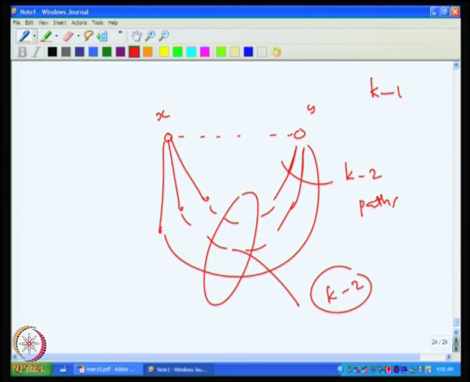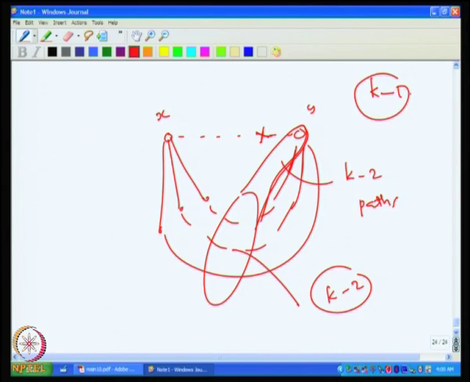So there should be one more vertex which, if you add it, you can disconnect the remaining graph, because this edge will go away with it, and then we get a k minus 1 separator.